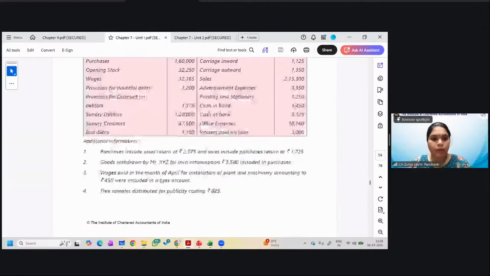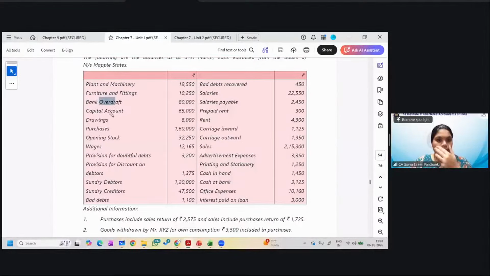Okay, let us go back to the table only anyway. So overdraft, capital, drawings, purchases, opening stock, wages we have taken. These two will not come here. Debtors, creditors, bad debts, salaries, prepaid rent, carriage. Okay, carriage inward is also there.